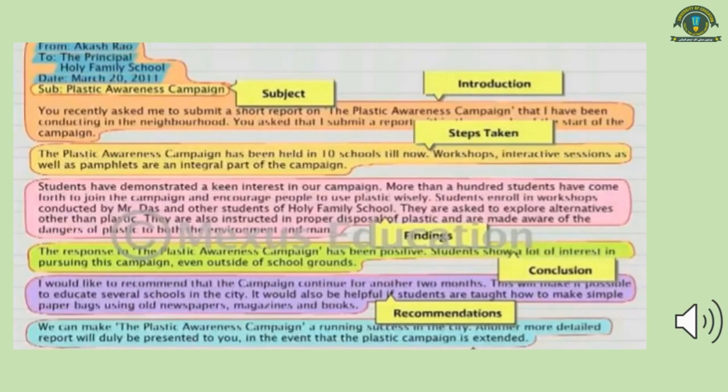And the next section you are looking at is findings, that is, what are the findings about this situation, and then the conclusion is mentioned, and after the conclusion recommendations are put forward, then further information, and finally at the end the name and address are mentioned. This is the format of a report, that is how you can write a report.